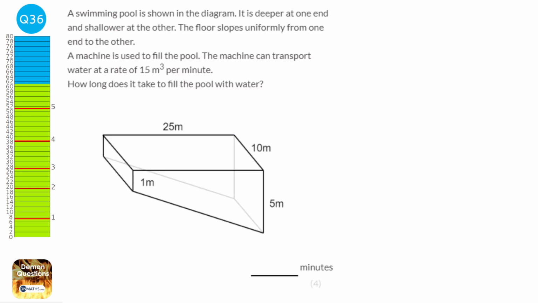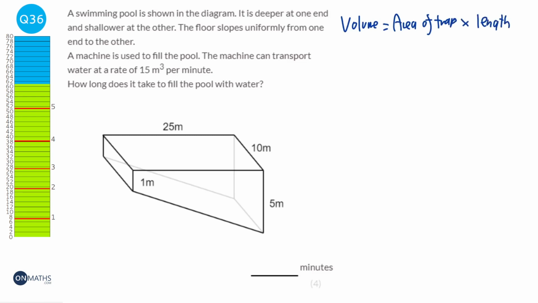First thing we need to do is work out the volume of this prism, and it's a trapezium based prism. So the volume will be the area of the cross section, or area of the trapezium, times the length, how 3D the prism is.